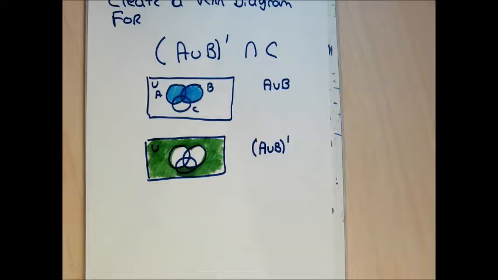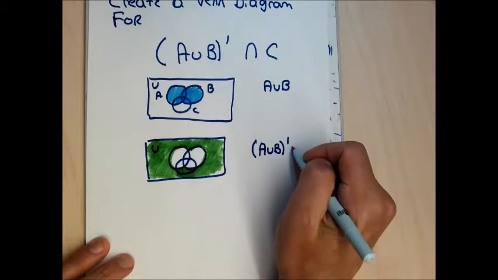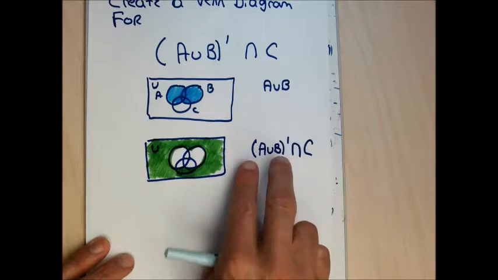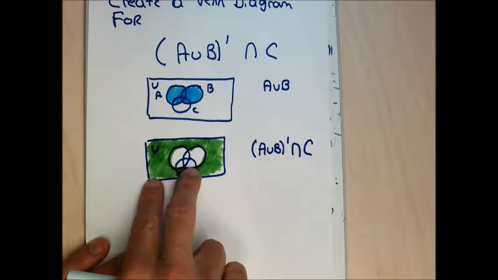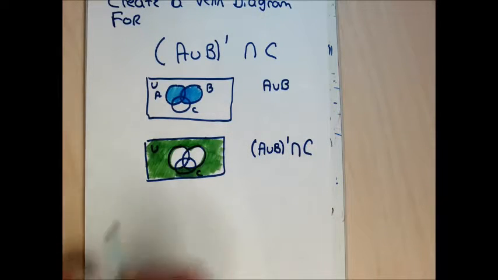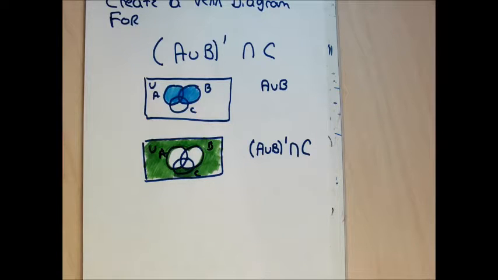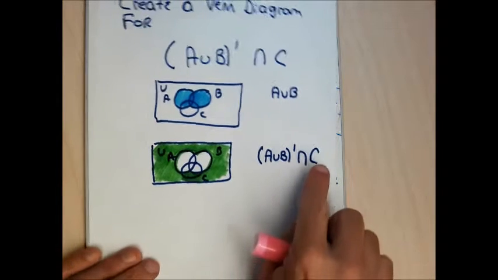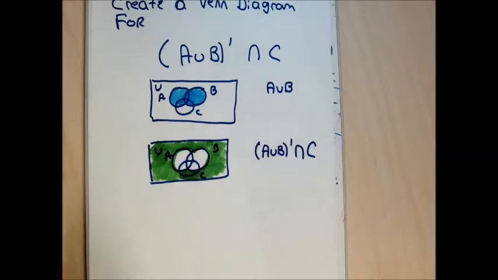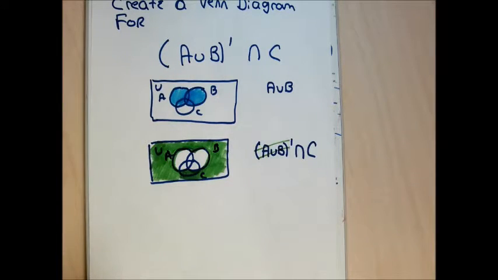Now I'm going to have to, unfortunately, intersect that with set C. So now I'm going to intersect the set that I have drawn, A union B complement, with the set C, which is a set down here in the bottom left-hand corner. The A is there and the B is there. So how do I intersect? I pull out a different color, and I draw the set that I'm intersecting with in a different color. So A union B complement, that region is represented in green.